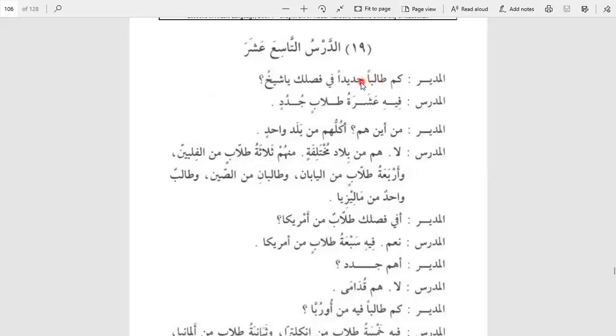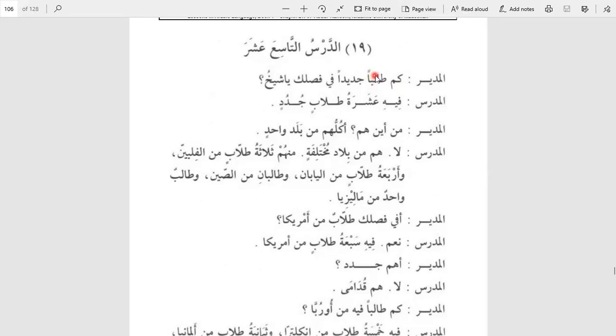How many new students in your class, O Sheikh? So we spoke about kam, that a word that comes after kam becomes tamiz, which means it is mansub in its case.